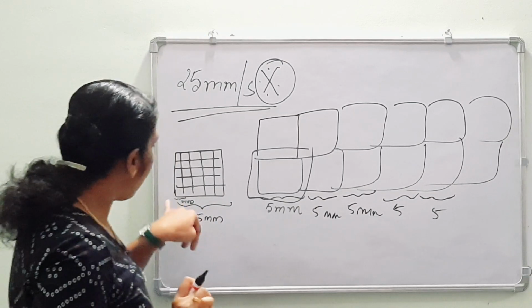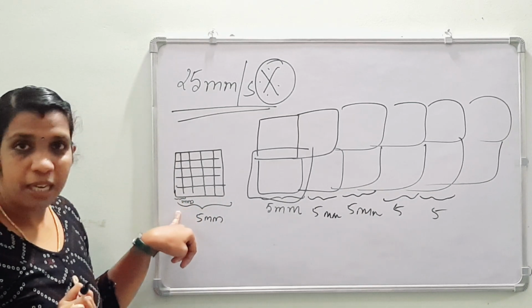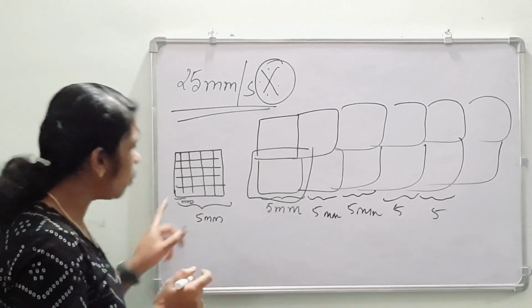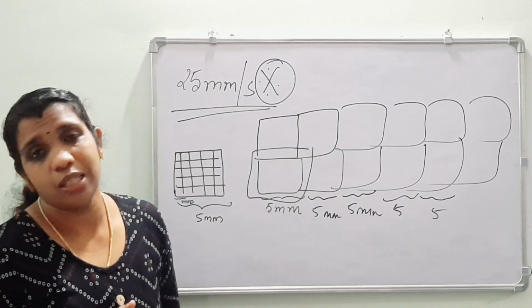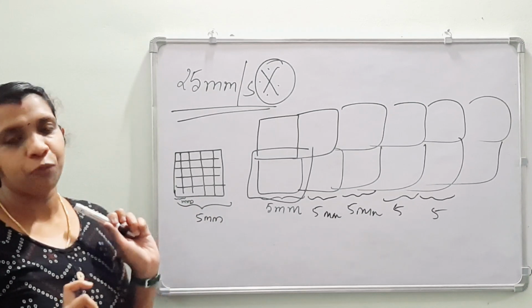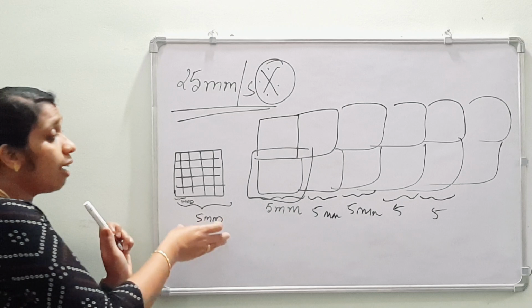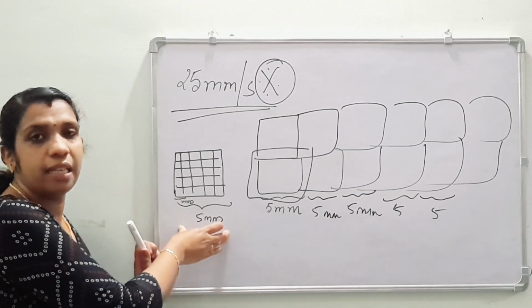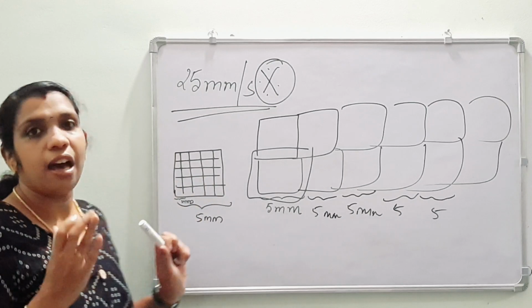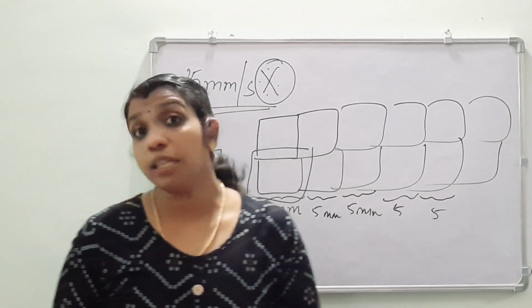One small square corresponds to 1 millimeter, 1 large square has 5 small squares, and 1 large square corresponds to 5 millimeter. This is regarding the distance of a large square and the distance of a small square.